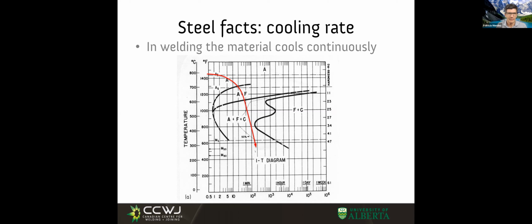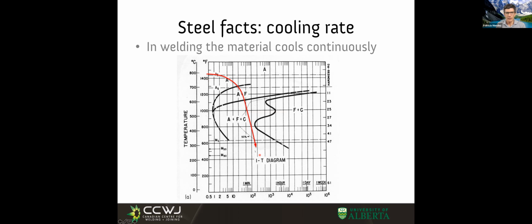Now, in this case, if we go into this diagram, see the horizontal axis was time, and the vertical axis is temperature, and here is cooling, right? We used to say we hold it at a temperature, but in reality, for welding and most other heat treatments, you cool down in a ramp.